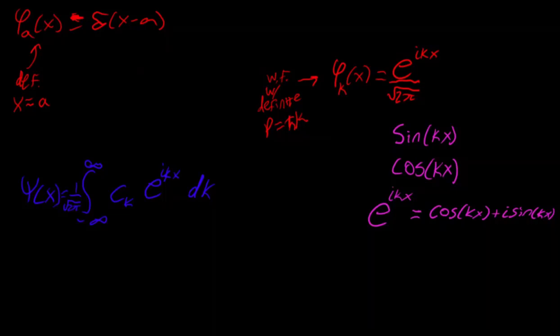now, we also know from one of our postulates of quantum mechanics that c sub k is equal to the inner product of phi sub k of x times psi of x, right?